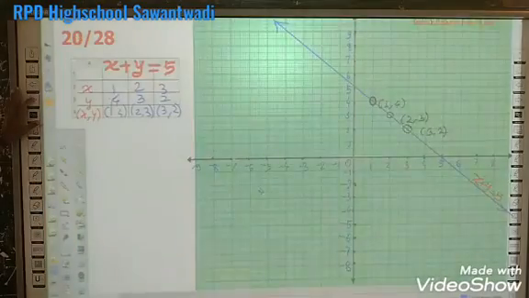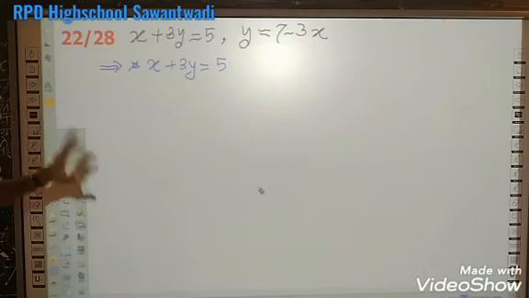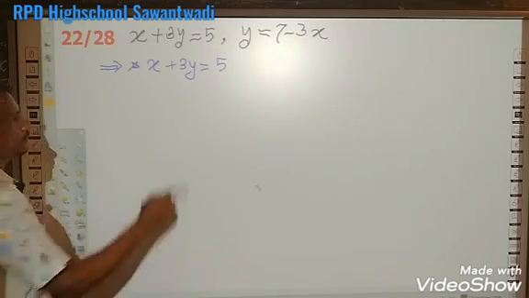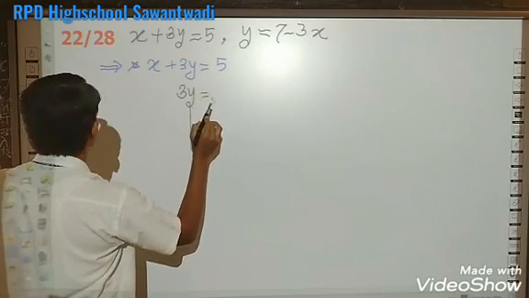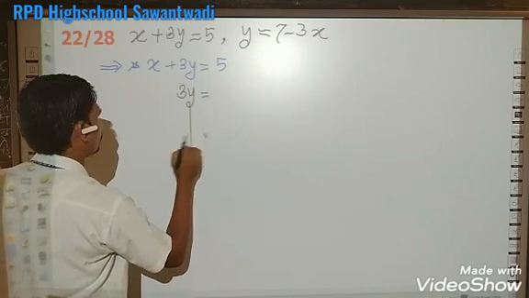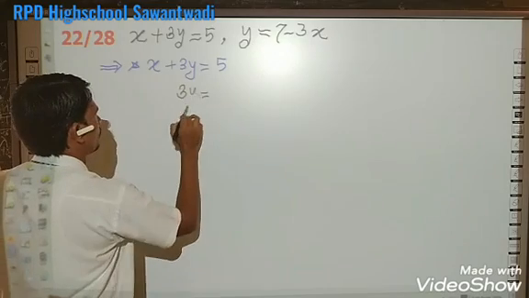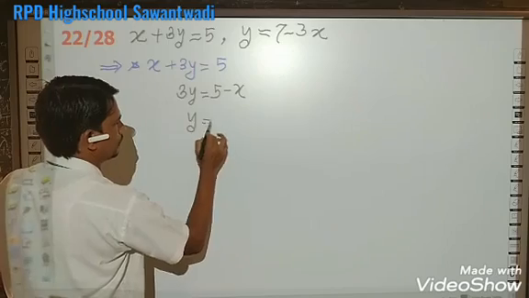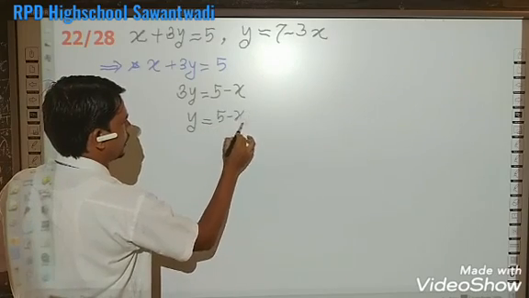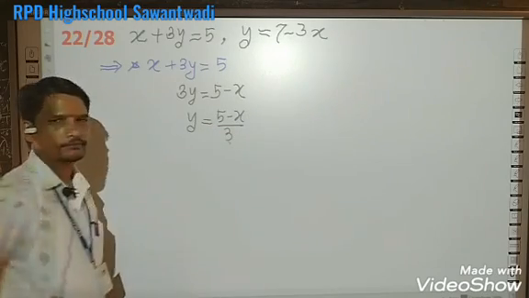Now in this example, if I frame y is equal to, it gives 3y is equal to 5 minus x, and y is equal to 5 minus x upon 3.